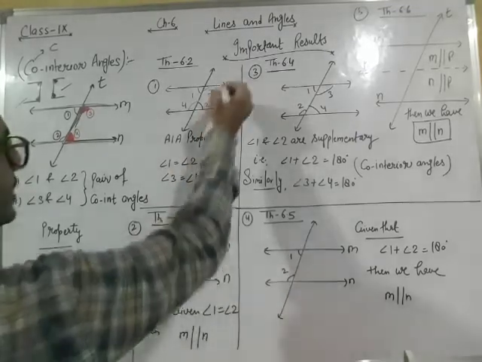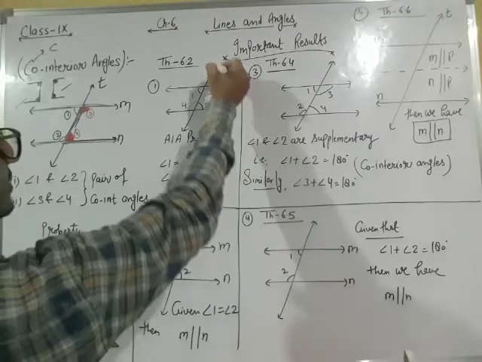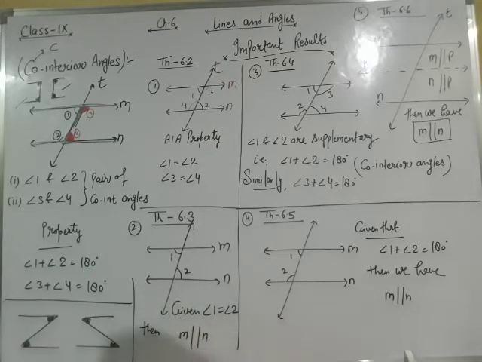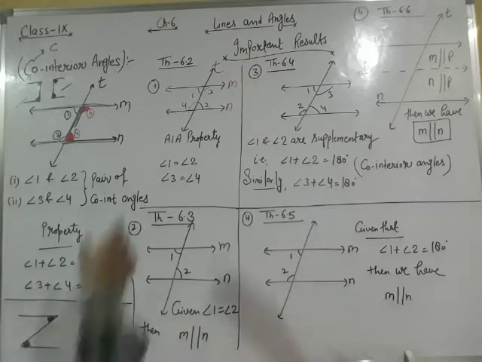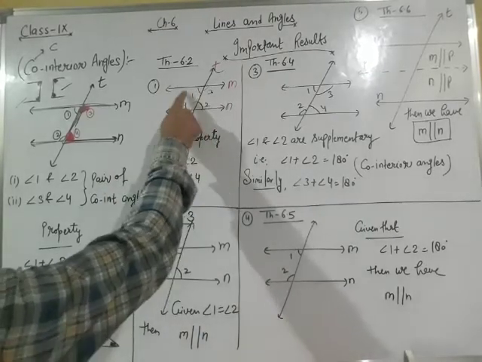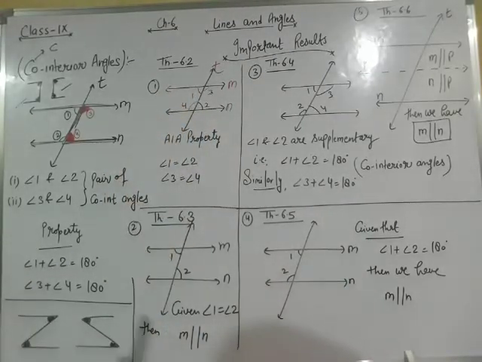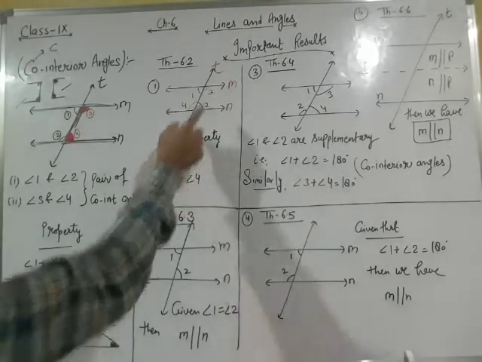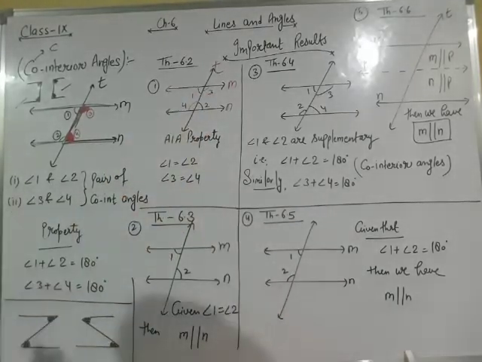Suppose this is line M and this is line N, this is transversal small t. Then each pair of alternate interior angles are equal. We know a Z kind of figure forms in alternate interior angles. Therefore, angle 1 is equal to angle 2 and angle 3 is equal to angle 4.